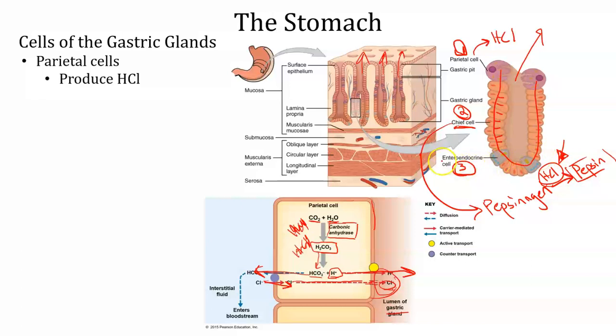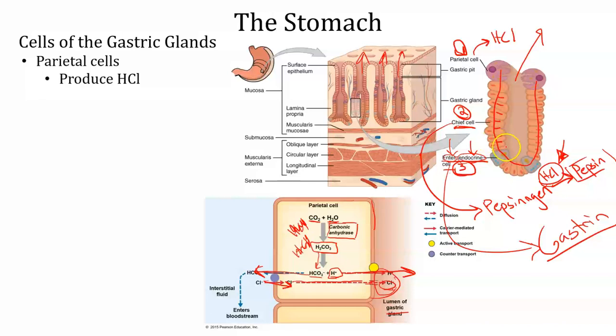There are also enteroendocrine cells, and these cells, as the name suggests, enteroendocrine means a cell that is part of the endocrine system that is found along the digestive tract. There's a variety of hormones these can make, but one of the big ones, specifically in the stomach, is this hormone known as gastrin. Gastrin is like the big get-stuff-going-in-the-digestive-system hormone.